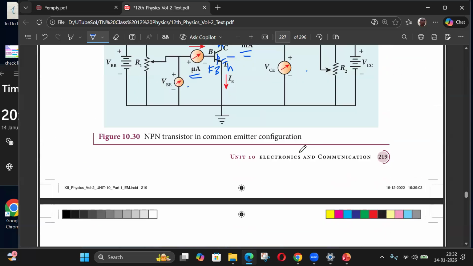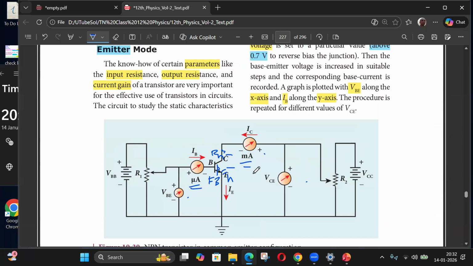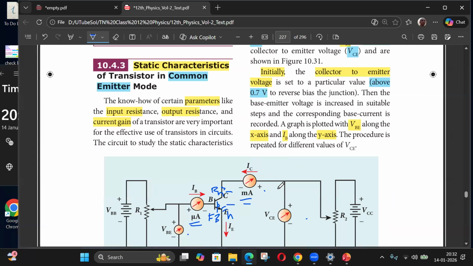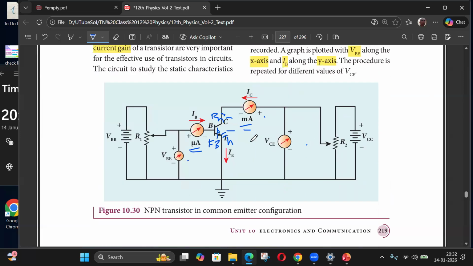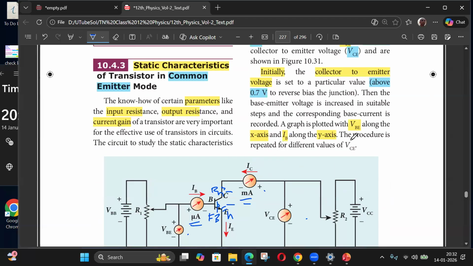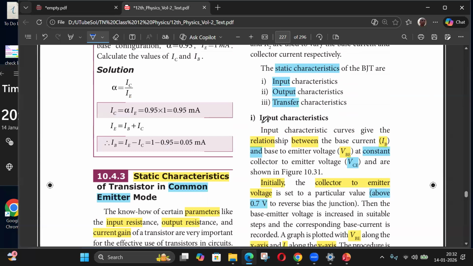For a resistor, the two parameters are voltage and current, and the ratio of that is the resistance value. But in the case of a transistor, there are three currents, IB, IE, and IC, and there are two voltages: the input voltage VBE and the output voltage VCE. One thing we can define is the input characteristics, the VI relation at the input terminals.